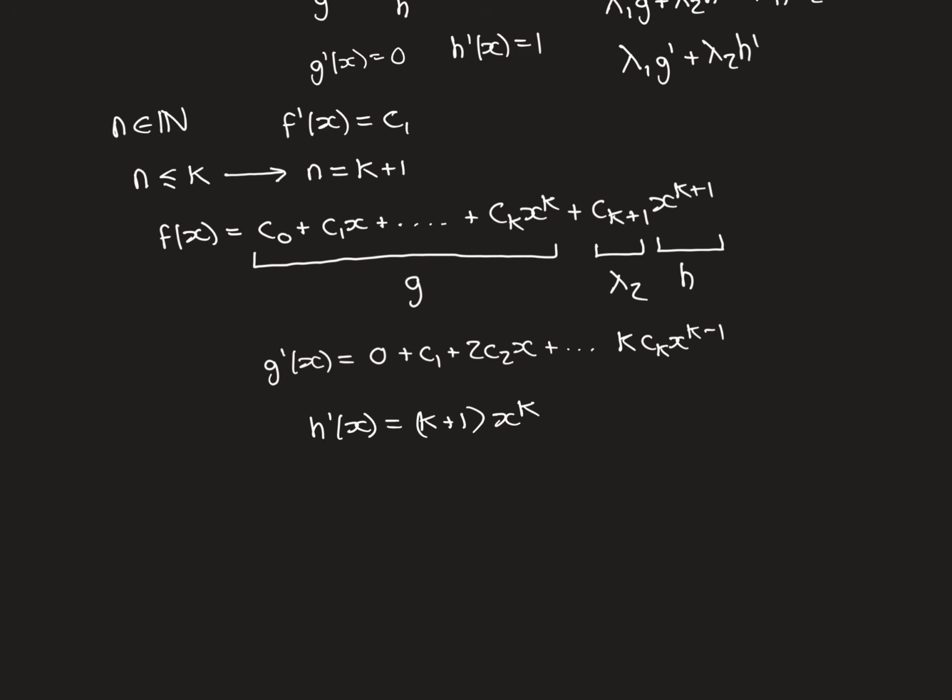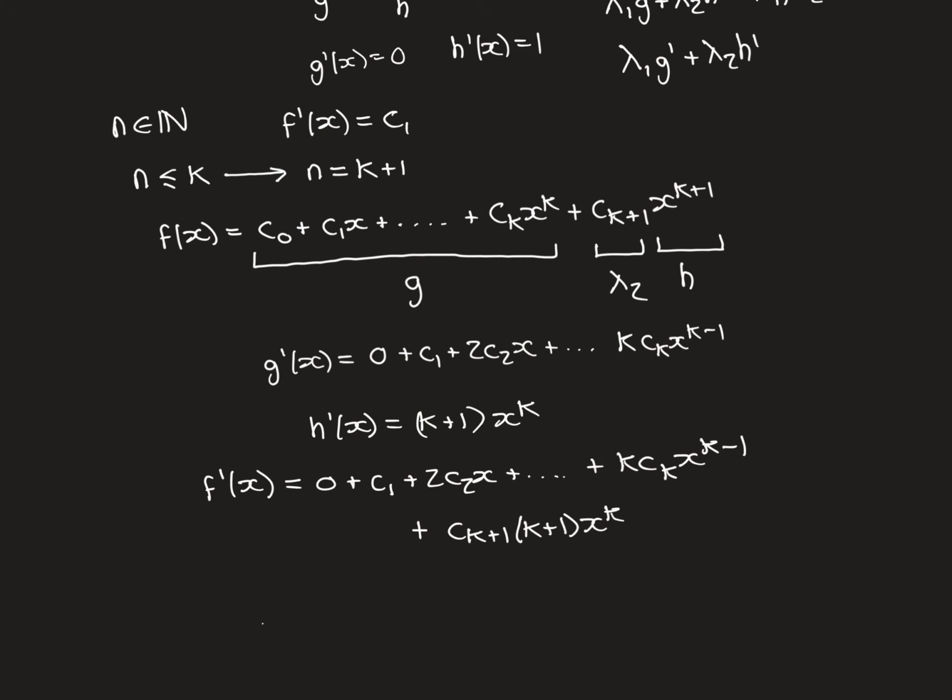So let's work out now what the derivative of f is going to be everywhere. So it's going to be lambda 1, which is kind of 1, you can view it as, so it's just going to be g prime, so this part: 0 plus c1 plus 2c2x plus all the way up to k ck x to the k minus 1, and then it's going to be plus lambda 2, which is ck plus 1, and then times h prime at x, which is k plus 1 x to the k.